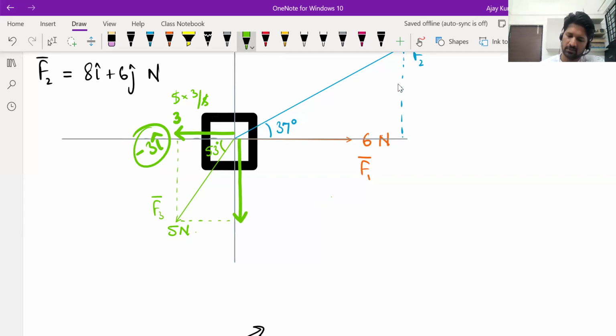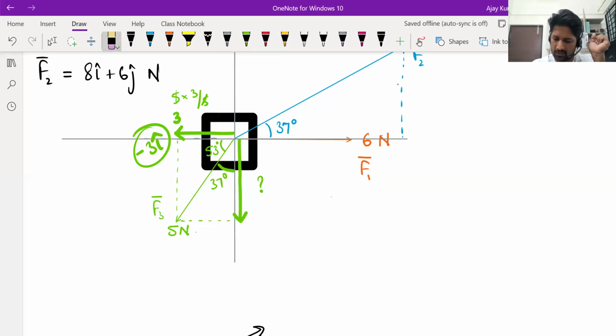Yusuf, first, how much angle will the vector make with the y-axis? 37 degrees. Okay. Then how much is this component? You know the vector's magnitude, you know the angle it makes.